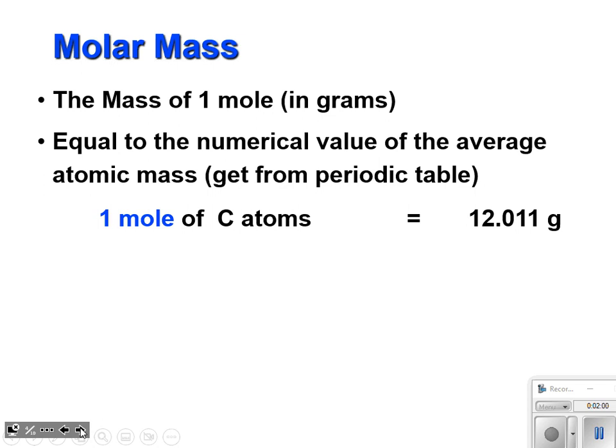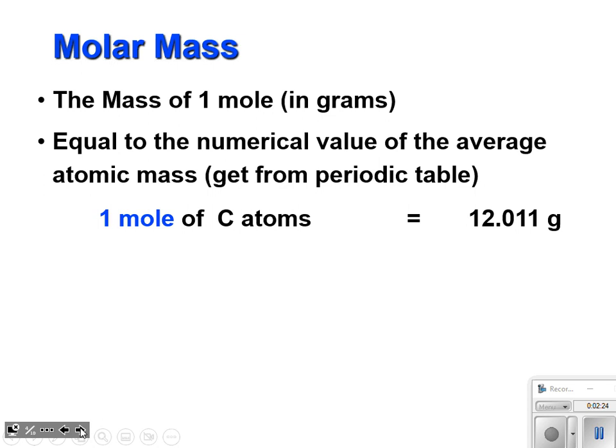Remember that since that number is closer to 12, we know that there's more of the carbon-12 isotope than there are of the carbon-14 isotope. All right? So that value, it's not a whole number because it's an average of those isotopes with the abundance. All right, so carbon, 12.011.